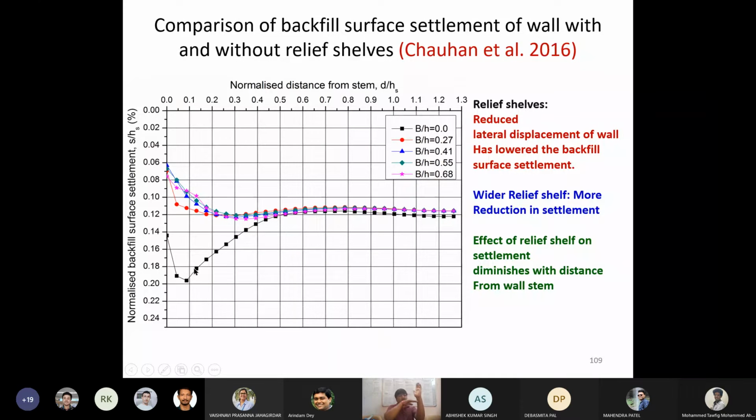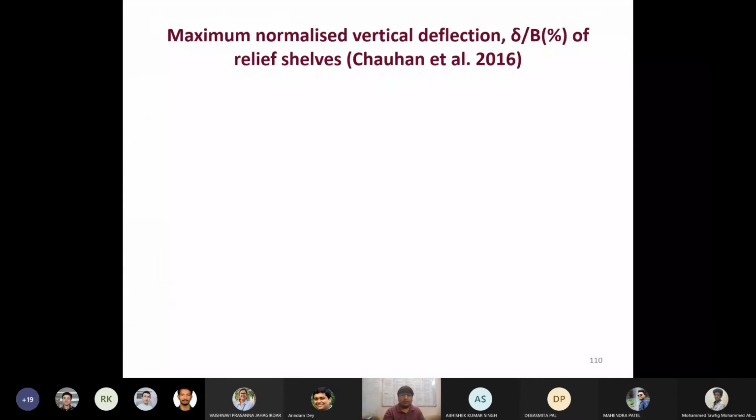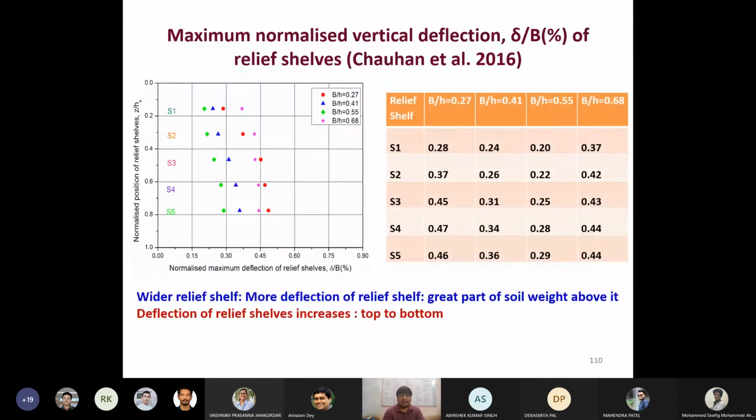However, once you introduce a relief shell at this location and the wall is moves away, this relief shell will not let the soil particles settle as much as in the case without the relief shell, and that is why the backfill surface settlement near the wall with the relief shell is lower than without it.